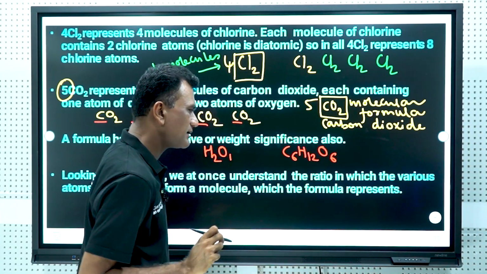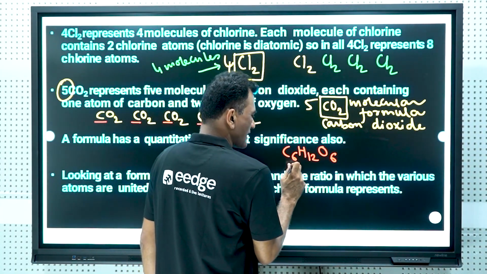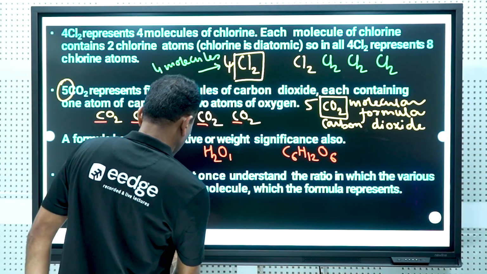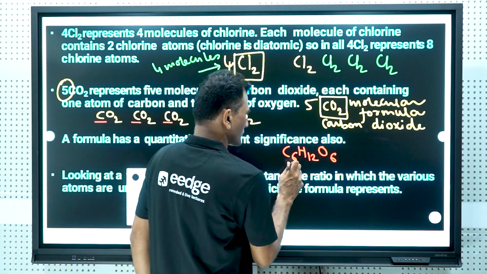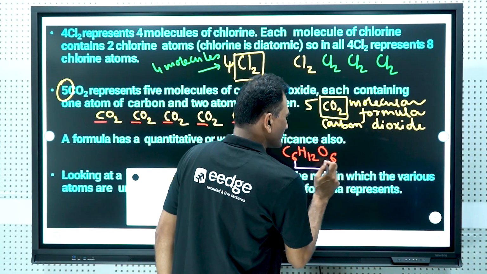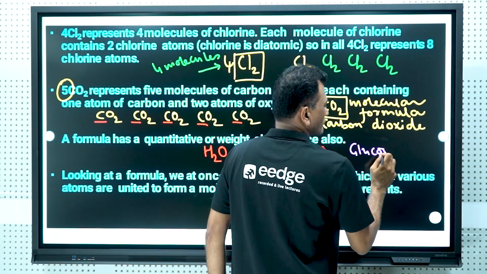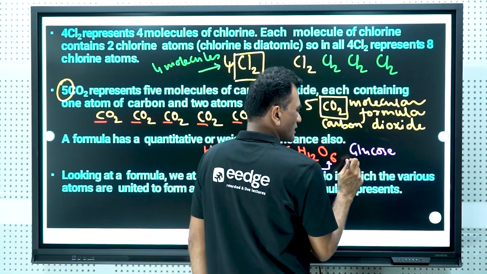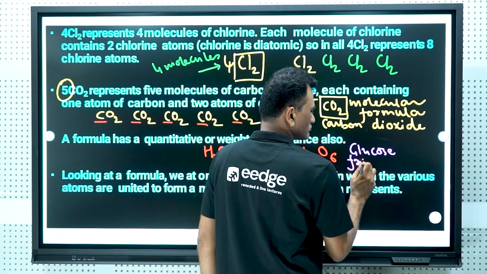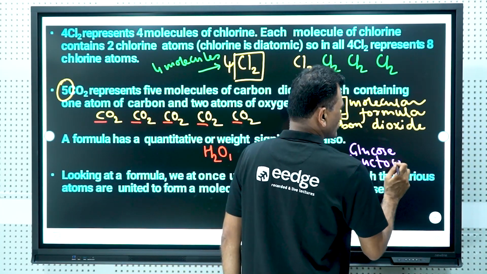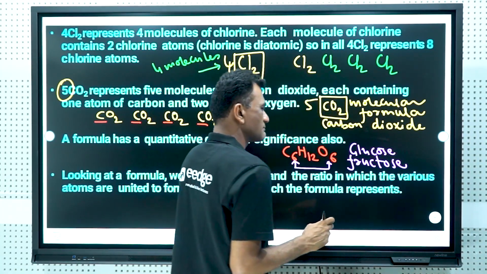And finally, if I write C6H12O6, then you can say that this is glucose. This is also fructose. If you have heard the name, fructose is fruit sugar, glucose is blood sugar.